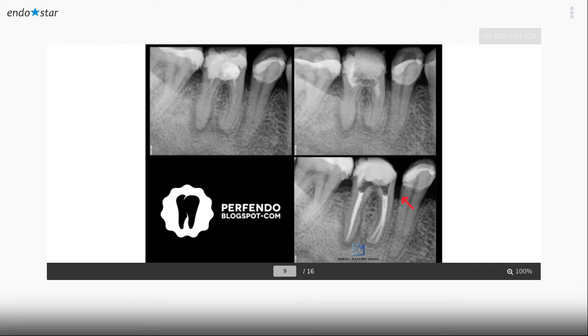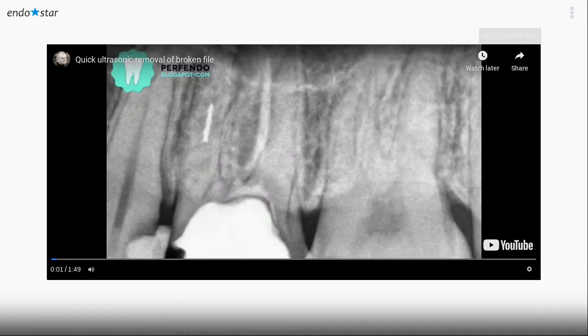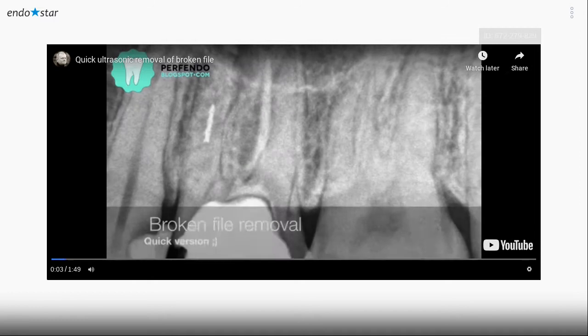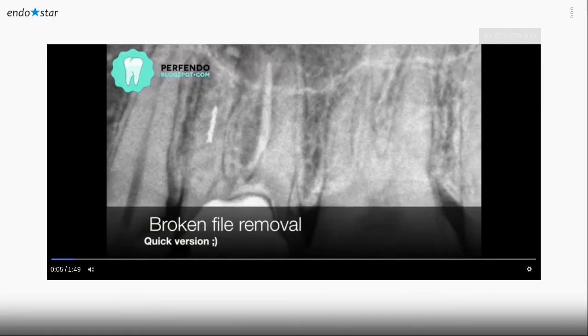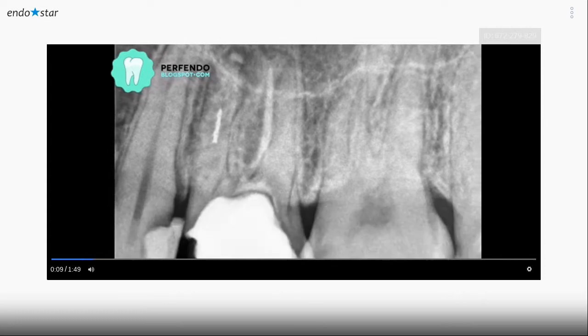So in these cases, I used only the ultrasonic tips, and to release the broken instrument, I used sonic files. Also, before I present the modified injection needle, let me play you a video with this ultrasonic technique: a quick video on how to remove a broken file from the mesiobuccal canal in an upper first molar.